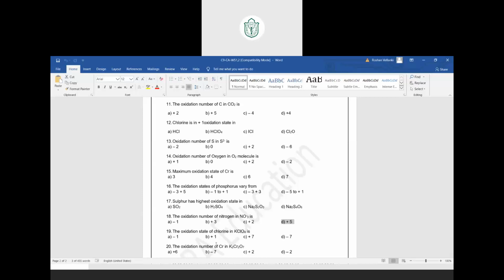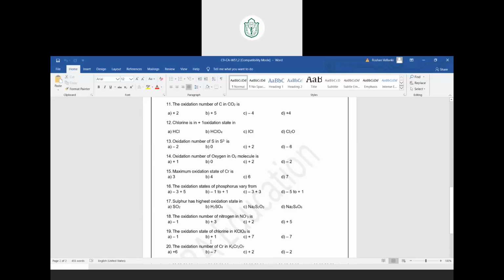Sir, plus 7, not minus 7. Chlorine electronegativity is around 3.1, oxygen electronegativity is around 3.4. So chlorine is less electronegative than oxygen. In that case, the expression is 1 plus x minus 8 equal to 0. So plus 7 is the answer. Option C is the correct answer.